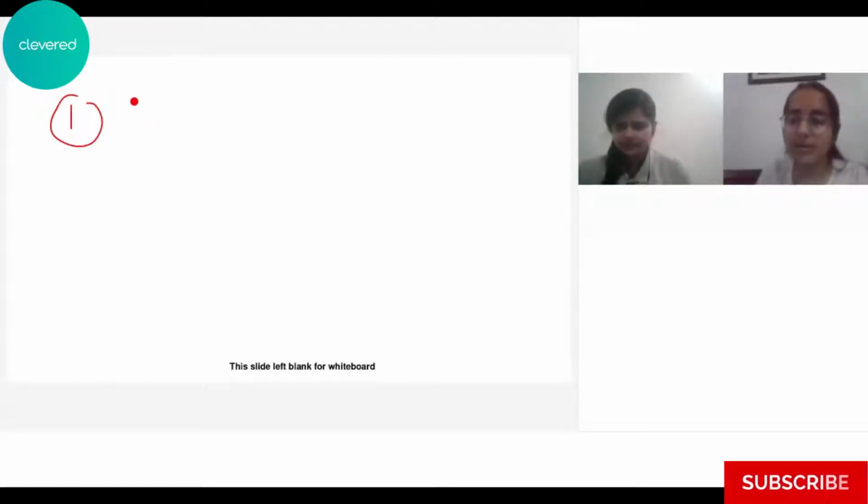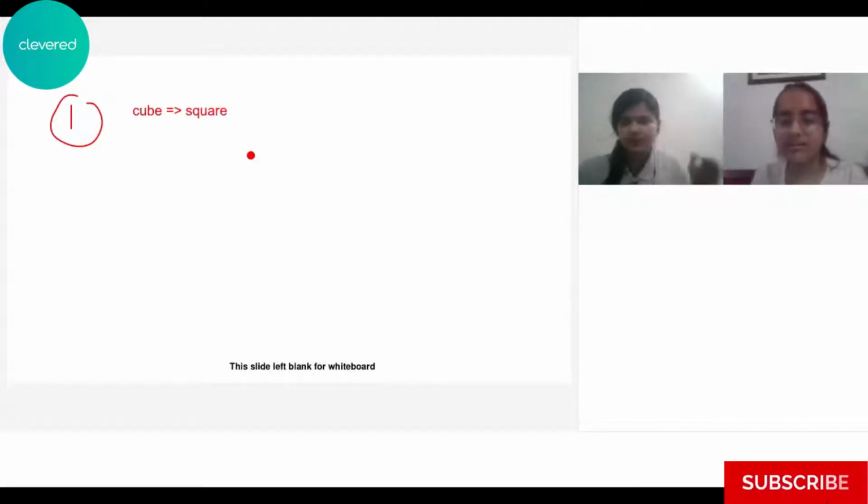Cube. So cube is a 3D shape, and what is the corresponding 2D shape for this cube? A square. Basically, we have a square in 2D, and if we go one more high dimension, we get a cube. And what is the corresponding volume formula for the square? For the cube? A square.